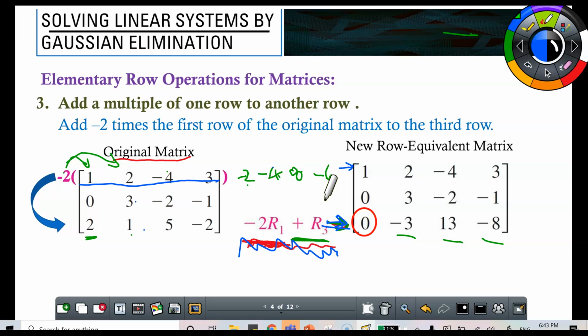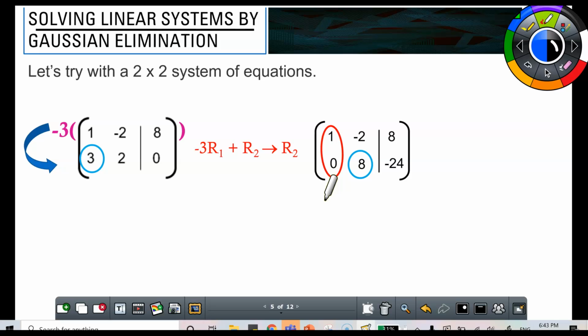Now let's use it to solve a problem. Let's try a 2 by 2 system of equations. Here is your augmented matrix. By looking at this augmented matrix, you should be able to write down the original equations. The first column is variable x, the second column is variable y, then the equal sign and the other side.